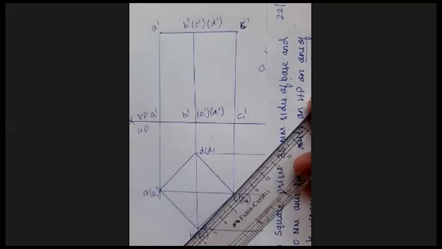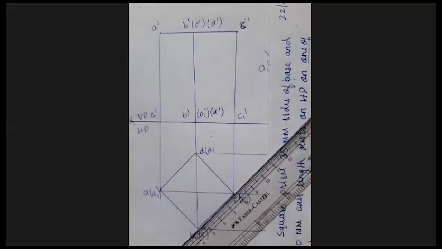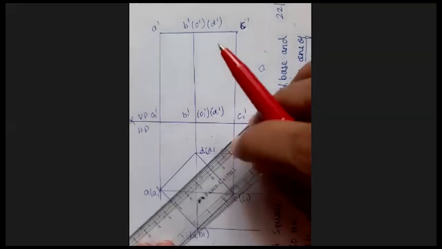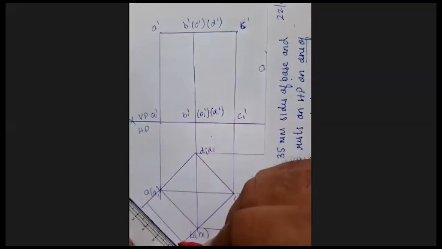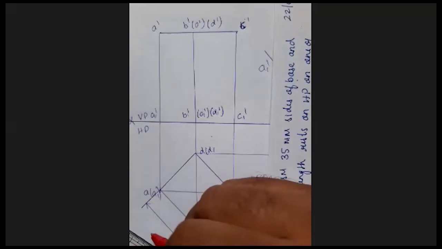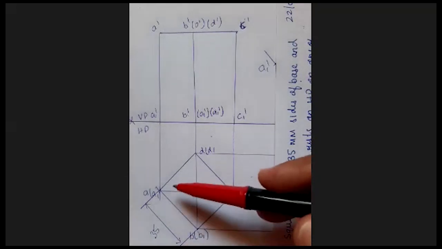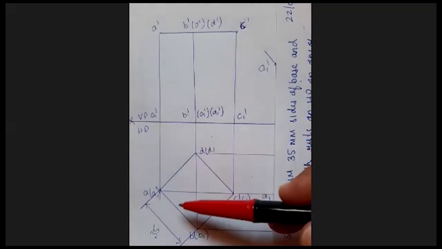I'm going to draw a square in such a way that each side of the base is 35 mm, and I get my corner on my right hand side.